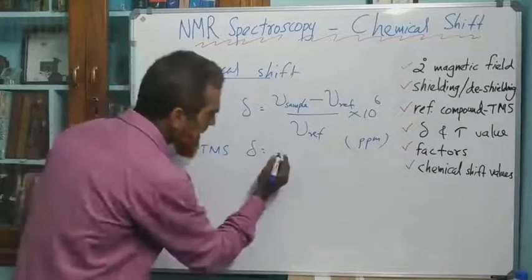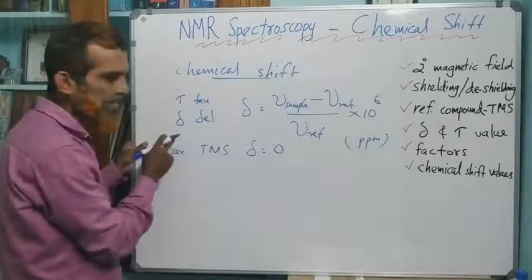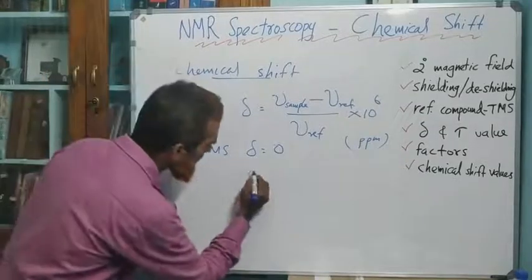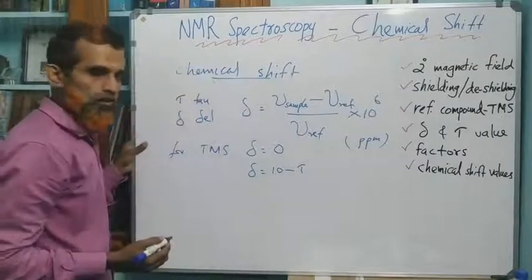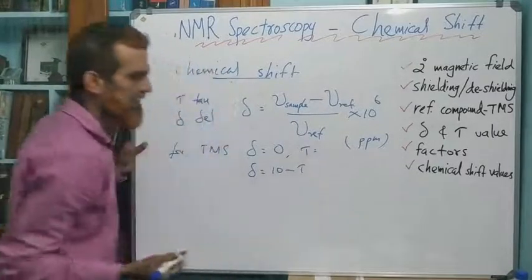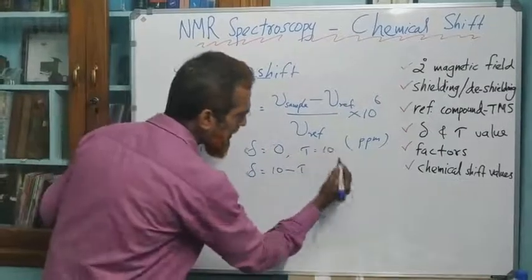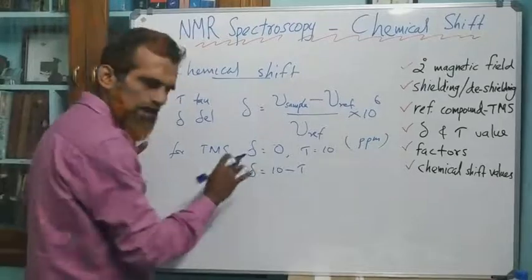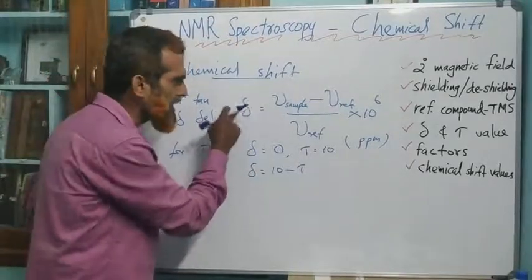It is arbitrarily fixed, as I said, at 0. Between delta and tau, the relation is delta equals 10 minus tau. So what about the tau value of TMS? It is 10. But in modern literature, we represent chemical shift using delta only.